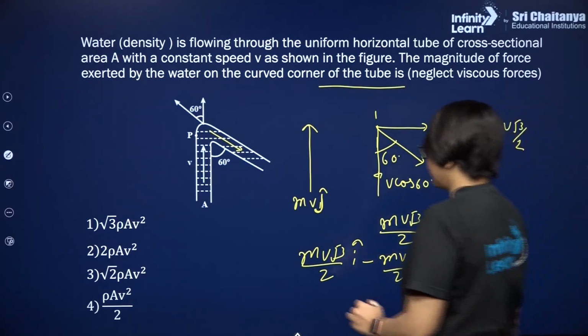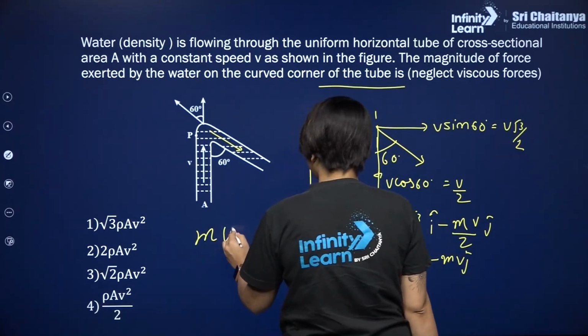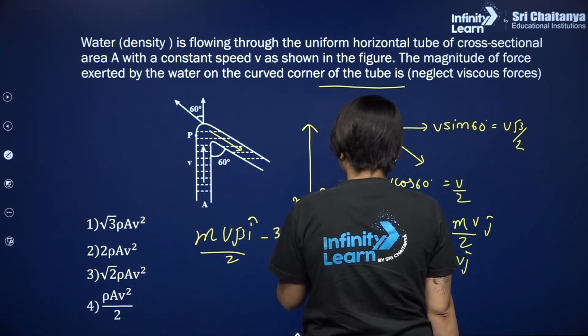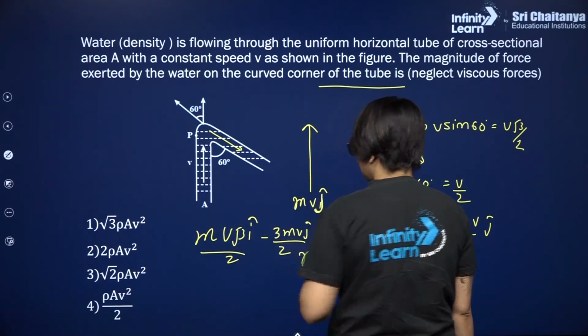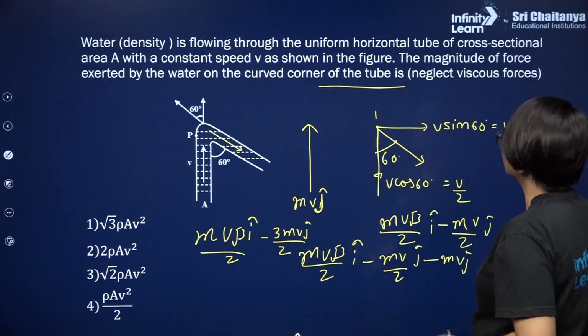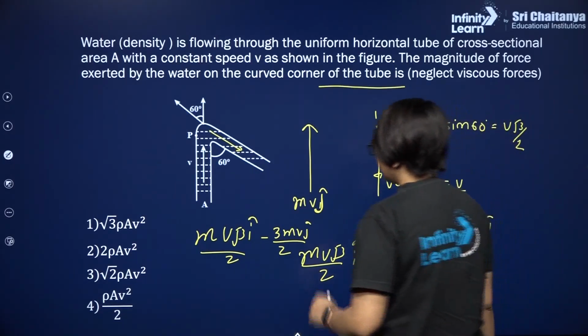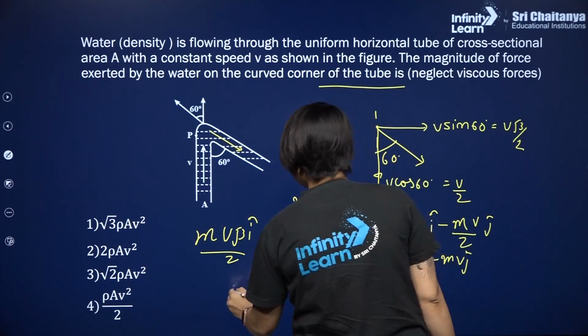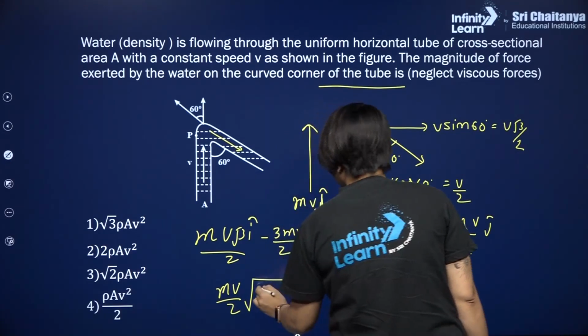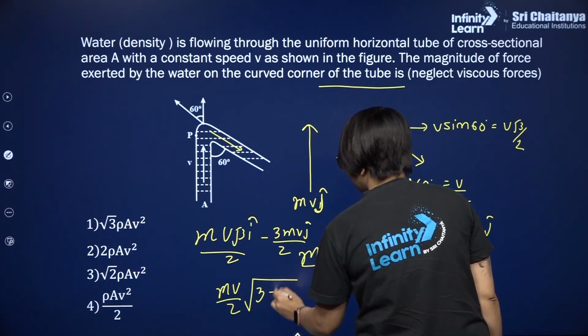So this will give you mv root 3 i cap by 2 minus 3 mv j cap divided by 2. Right. So this is the momentum. So let's find the magnitude of change in momentum over here. So this will be mv by 2 under root 3 square is 3 plus 9.